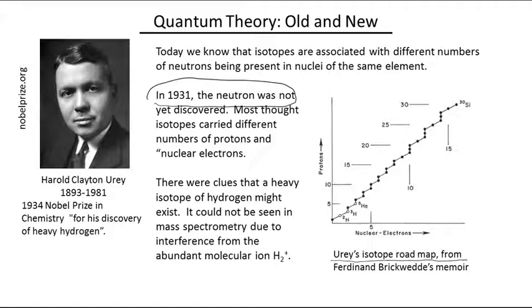And this is a plot made by a man named Harold Urey, great chemist, which showed the filled dots are the known isotopes known at the time, and he perceived a pattern here that led down to the possible prediction of isotopes that had not yet been observed.